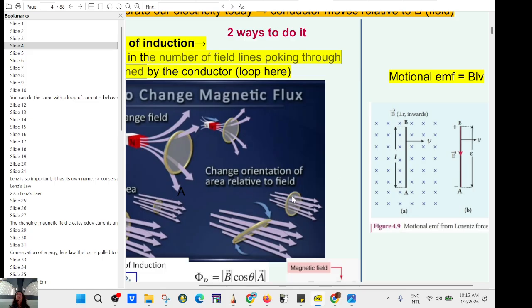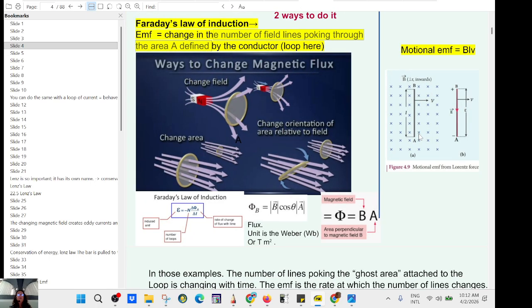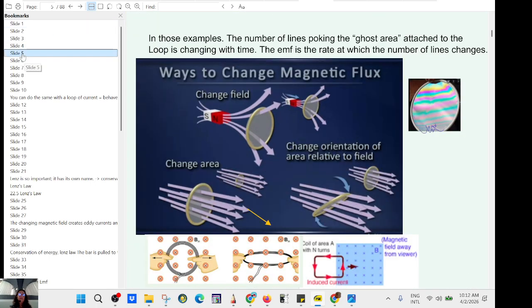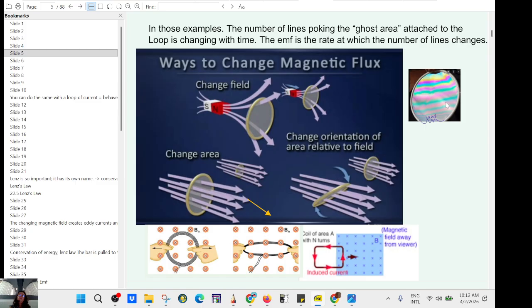So all this means that you are transferring energy from mechanical energy to electrical energy. The magnetic field is the way to transfer energy. But you need to have conservation of energy. Again, you imagine a membrane attached to your conductor, and you are looking at the field lines poking through.